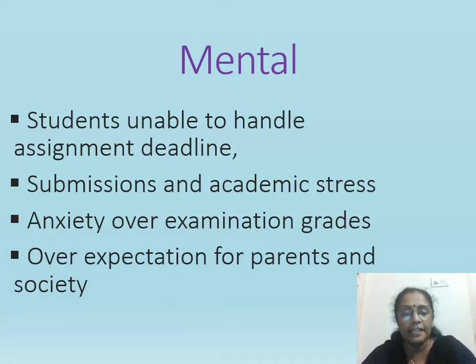They are overburdened by studies. They have anxiety over their examination grades. There are a lot of over-expectations from society and parents. All this causes a lot of mental stress among students, and they are not able to handle it. So these are some of the causes of mental stress.